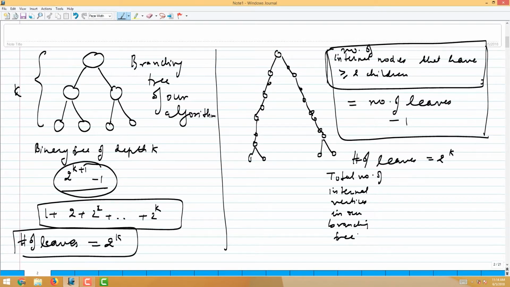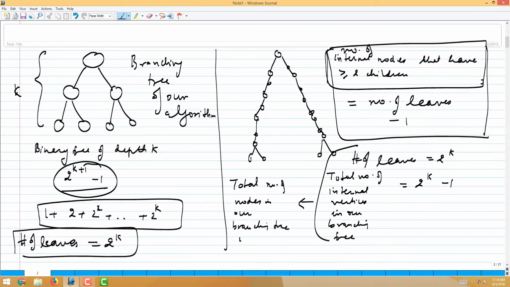So this gives that the total number of nodes in our branching tree is 2^k plus 2^k minus 1, which is what he said, 2^(k+1) minus 1. So this is another way of looking at it.